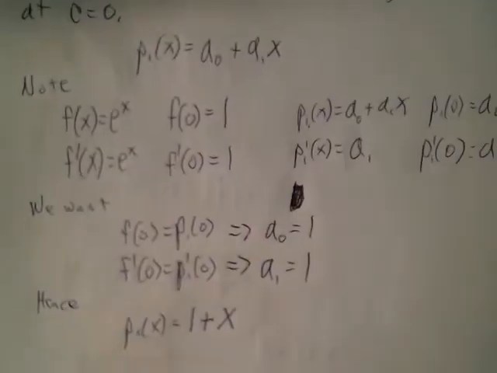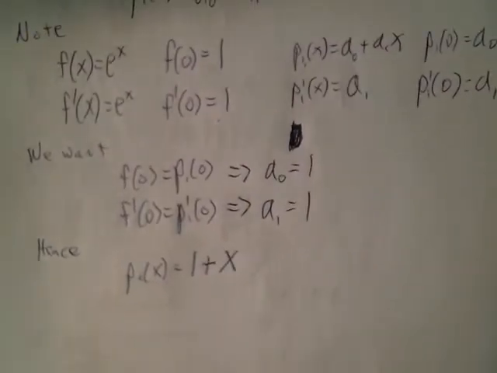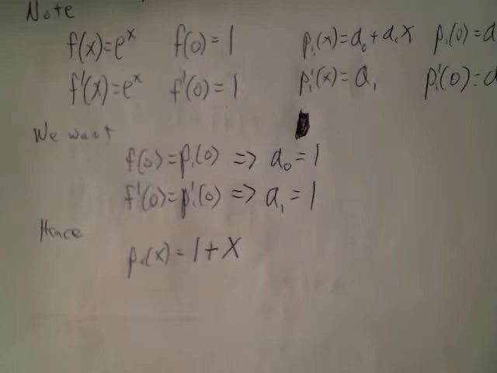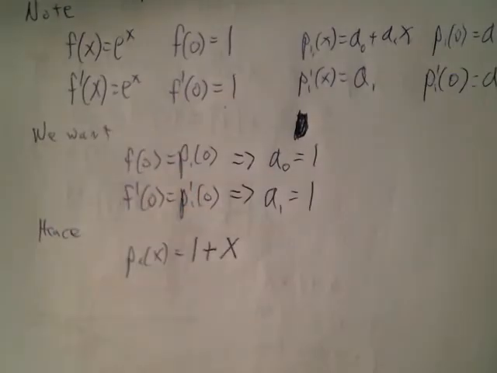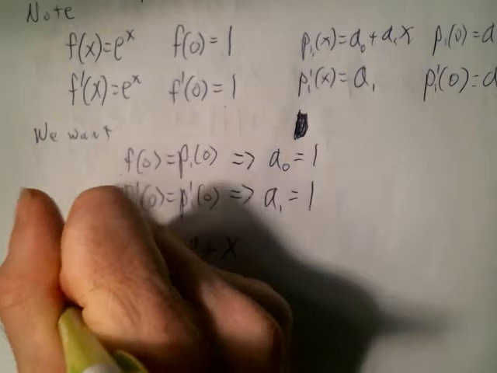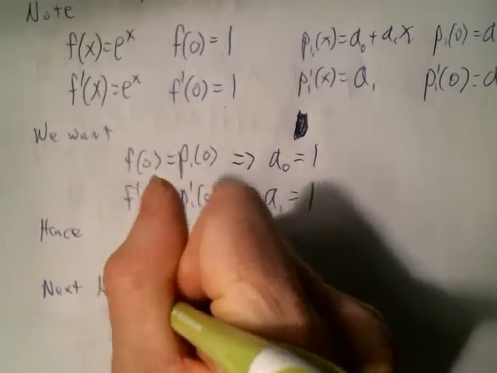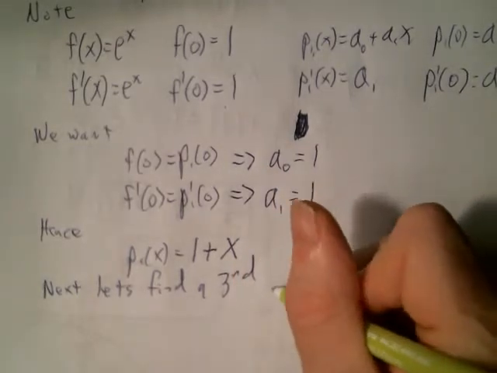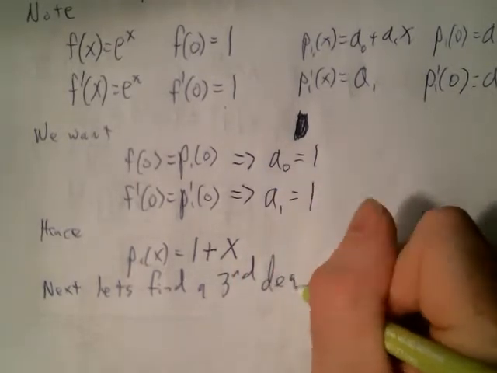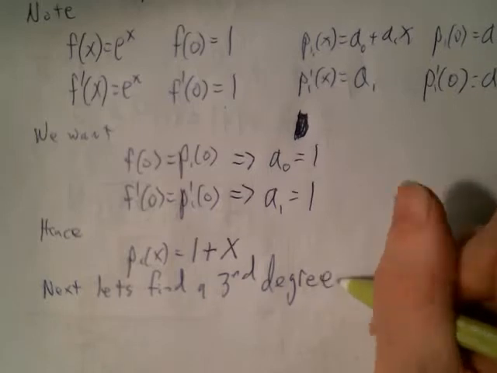So great, good stuff. We want to mechanize this process, or find a pattern for it. And in order to do so, we want to look at a higher degree example. So for instance, let's try a third degree. Find a third degree polynomial approximation at c equals 0.